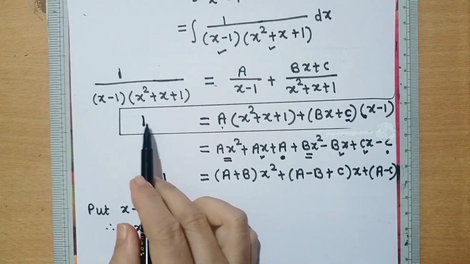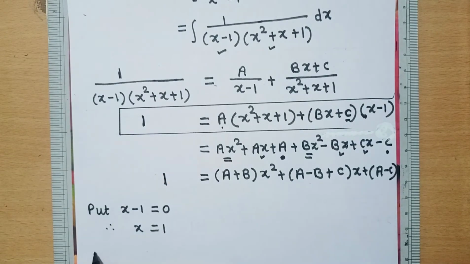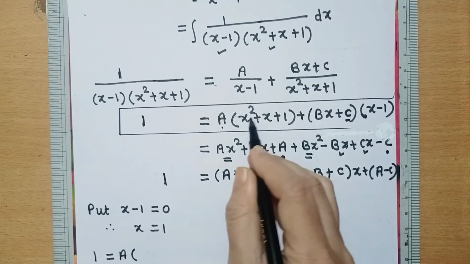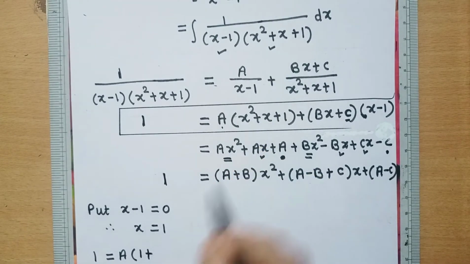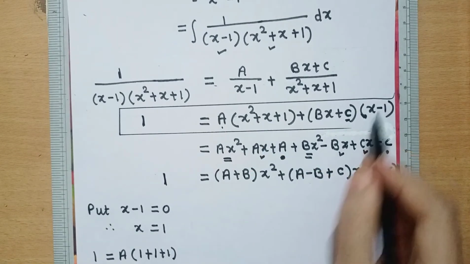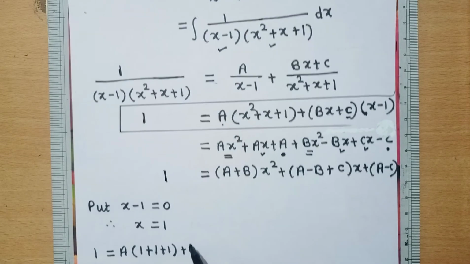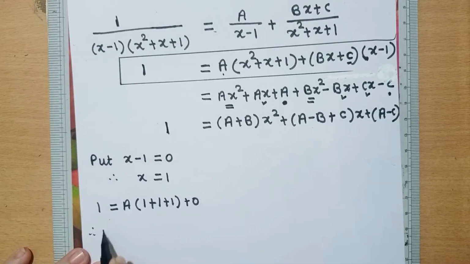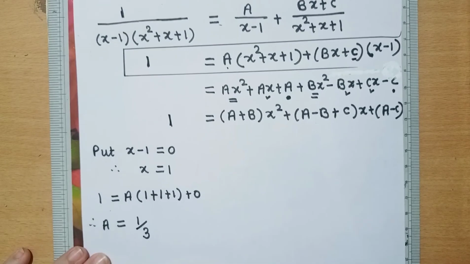Now we will substitute this value here, so LHS is 1, and in the right hand side a, 1 square means 1, then plus 1 and again plus 1, and since this bracket is 0, here we will write 0, and therefore a is equal to 1 upon 3.